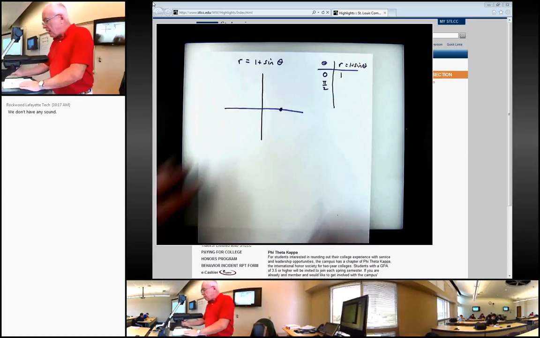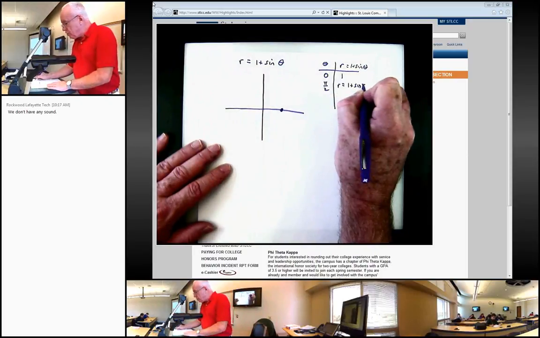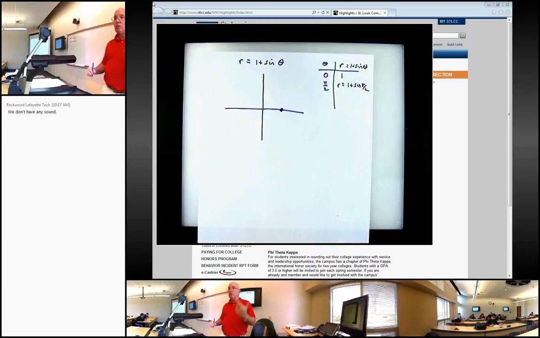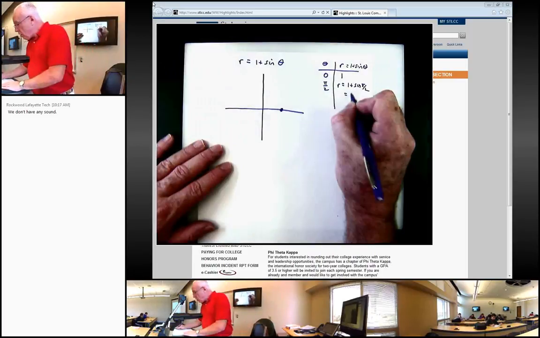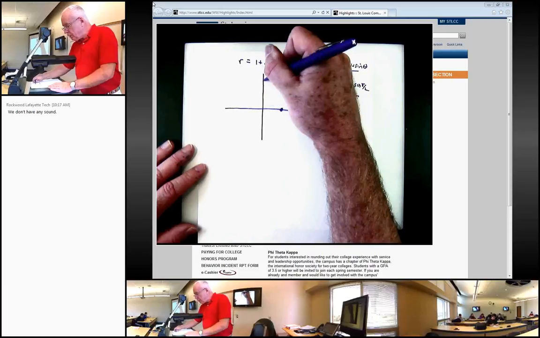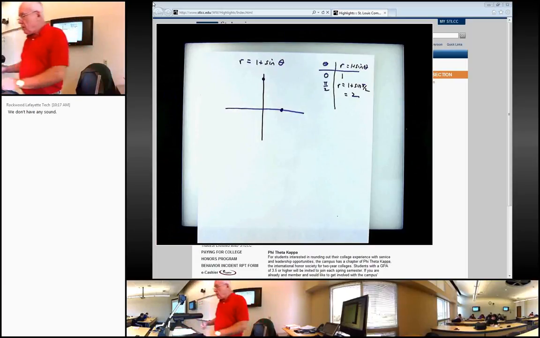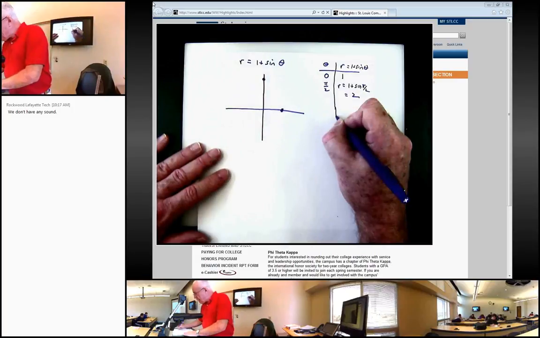When theta is pi over 2, r is equal to 1 plus sine of pi over 2, and that's a 1, so it's 1 plus 1, so r is equal to 2. So let me jump up 1, 2 here, and we'd have a point up there. All right, let's then look at pi.